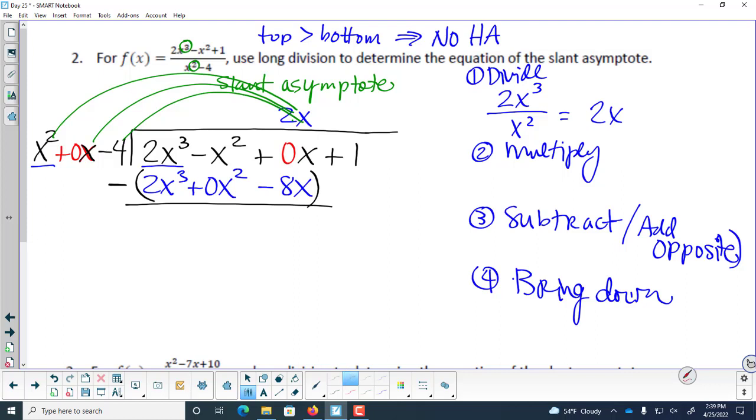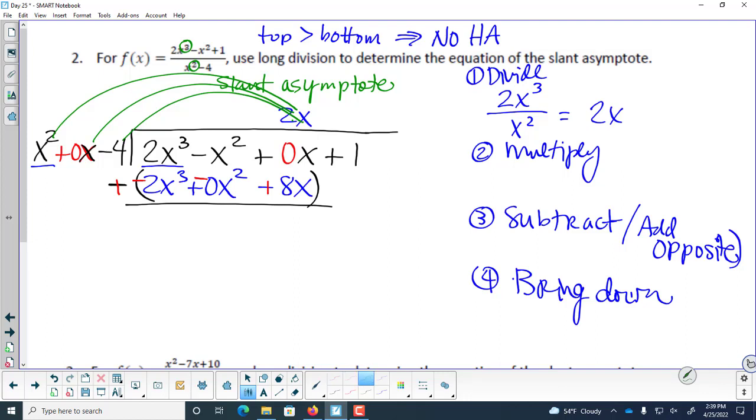If you're going to do that, change the signs and use a different color. So instead, we're going to add the opposite. This becomes negative, which for 0 doesn't matter, and this would become positive. If you like to add the opposite, usually students are better at adding integers than subtracting, because subtracting is messy, like 0 minus negative 8x, and that's where it's tricky. But I don't care what you do, so I don't want to confuse you, but have one that works better for you.